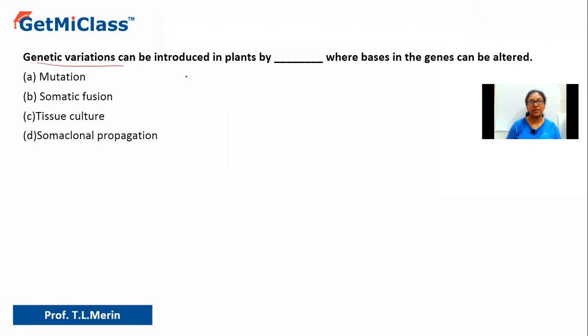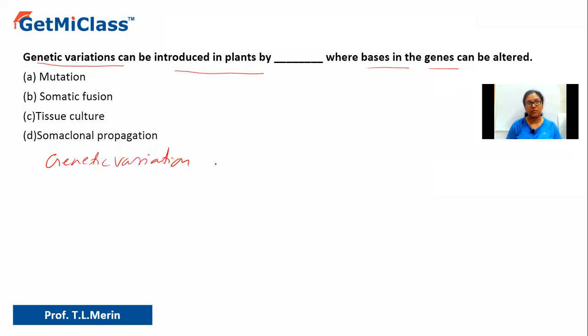Let us understand the question. It says genetic variation can be introduced in plants by dash where bases in the genes can be altered. So first of all, we have to understand what is the meaning of genetic variation. What do you mean by genetic variation?